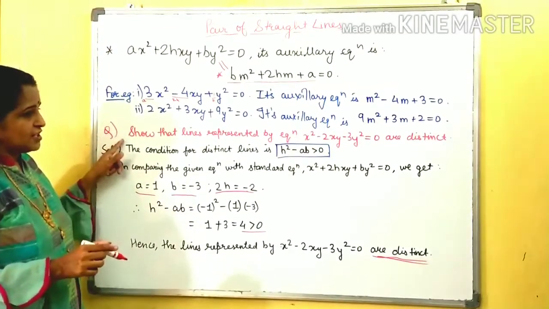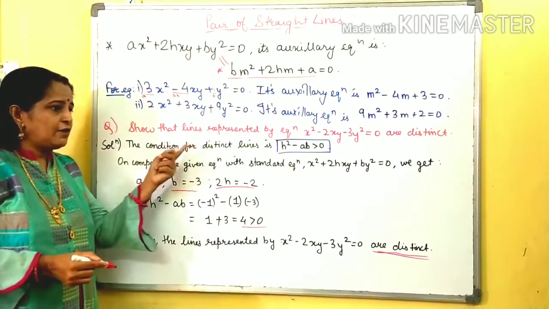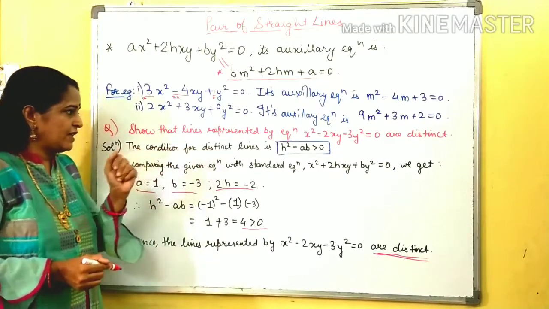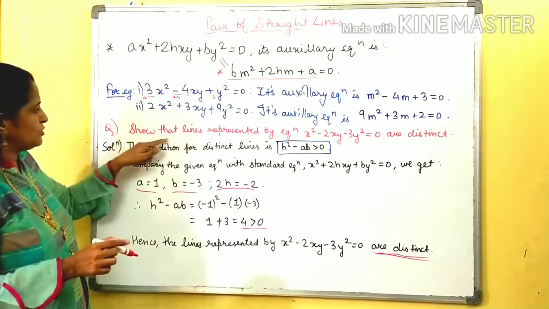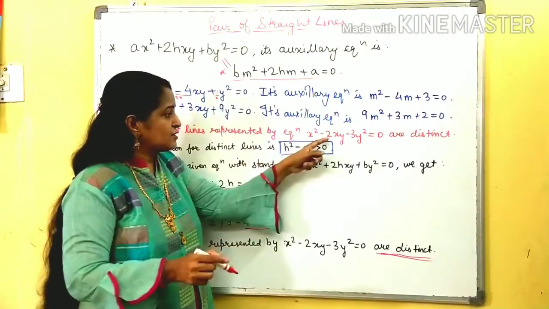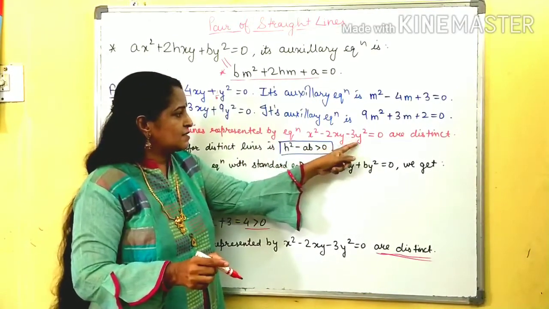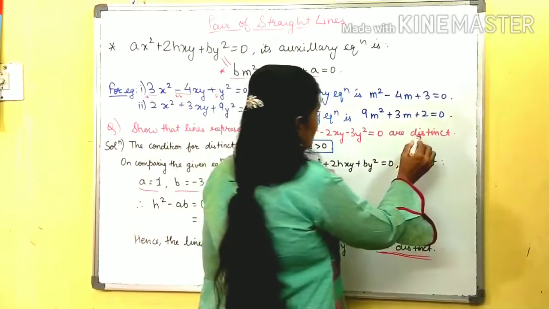Then next question is use the three conditions for equation represents pair of line. Here first example is show that lines represented by x square minus 2xy minus 3y square is equal to 0 are distinct.